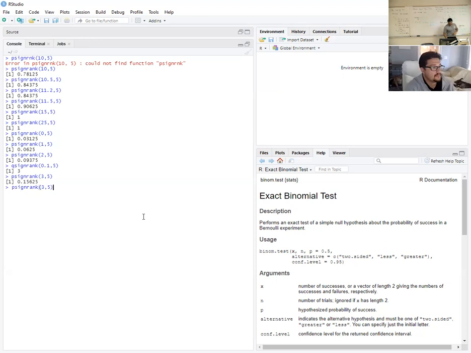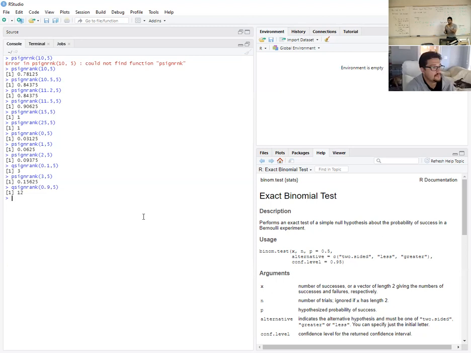What would the critical value on the right-hand side be? 0.1 above the critical value, so 0.9 below, I get 12. Yes?